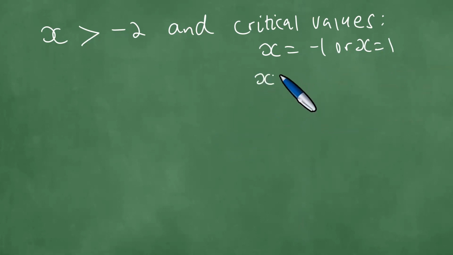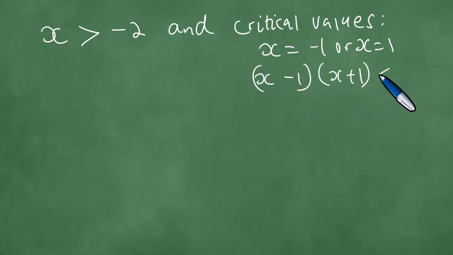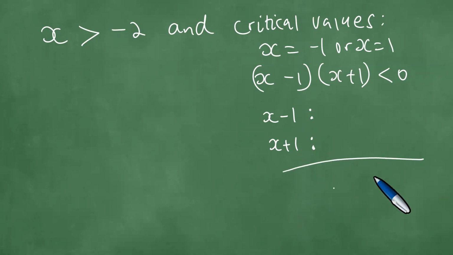Remember, these are the critical values together with this inequality, x minus 1 together with x plus 1 is negative. And what we do then, we put the x minus 1, we put the x plus 1 like this, and we draw the real number line.